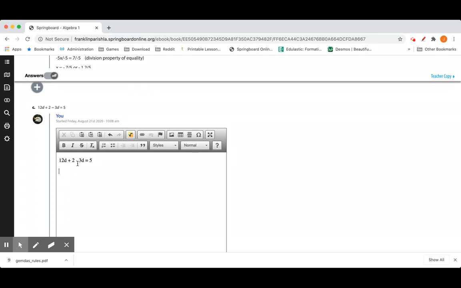Or using the commutative property, we can move things around so it's easier to see what we're combining. 12d minus 3d plus 2 equals 5. That was the commutative property. 12d minus 3d, it's 9d, plus 2 equals 5. Combine like terms.